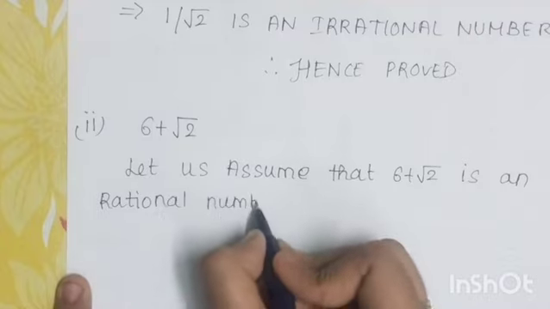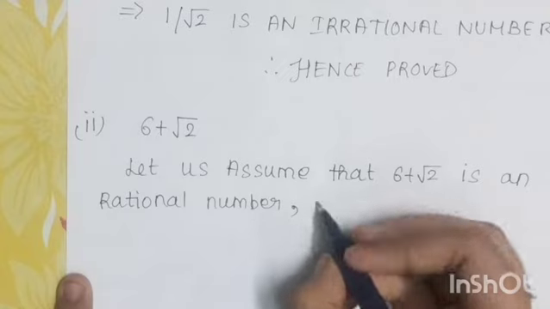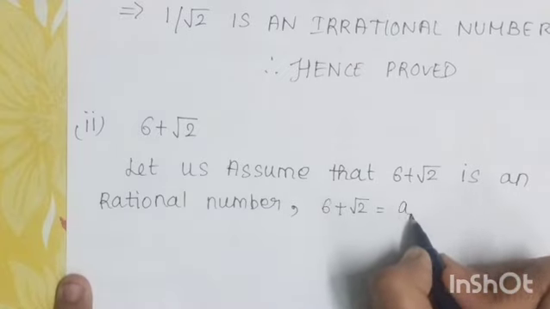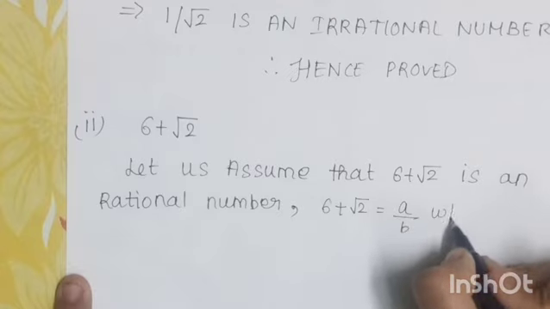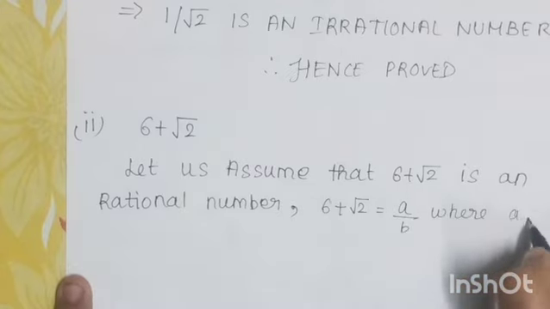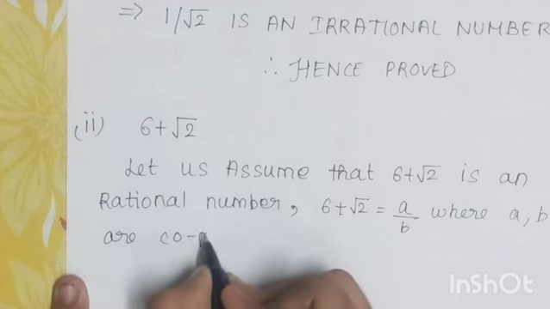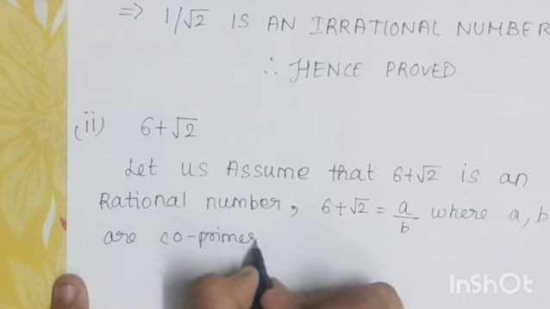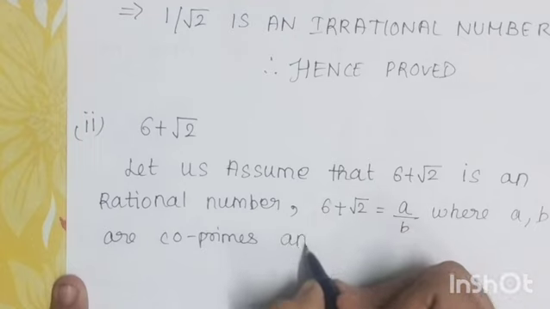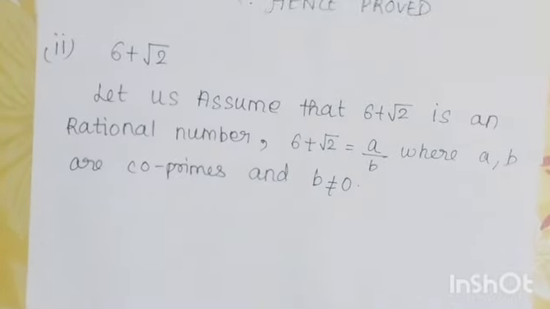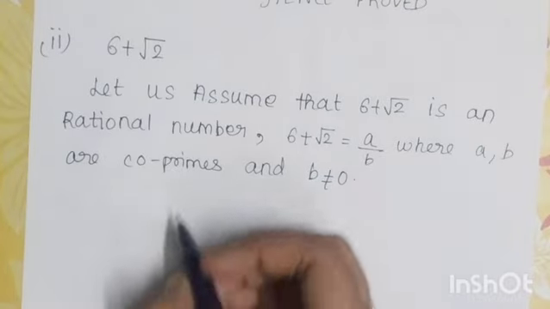If it is a rational number, then it is equal to the p by q form, which is a by b, where a, b are co-primes and b is not equal to 0. b must not be equal to 0.